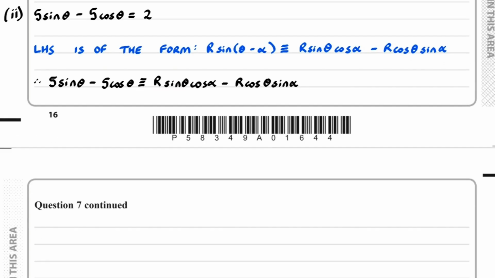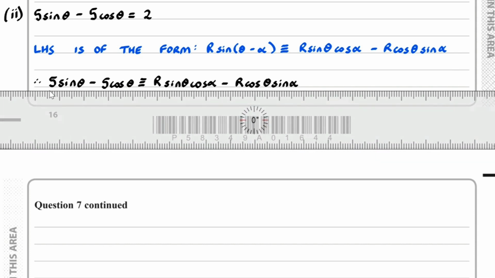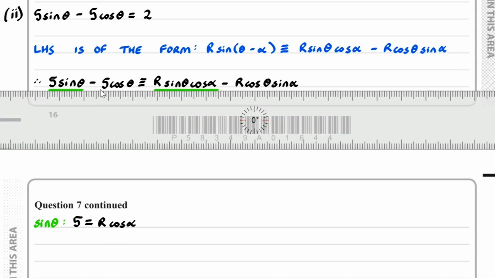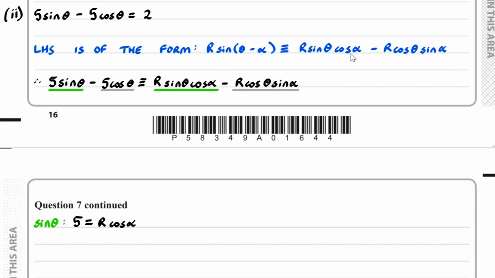And if I compare, well, if we take a look at the sin thetas, I've got 5 of them on the left hand side, and on the right hand side I've got r sin theta cos alpha. So comparing the sin thetas, I've got 5 equals r cos alpha, and now if I compare the cos thetas, I've got 5 of them on the left hand side and r sin alpha on the right hand side.